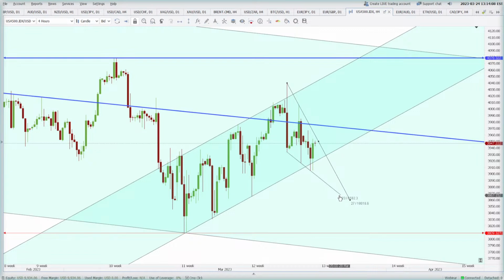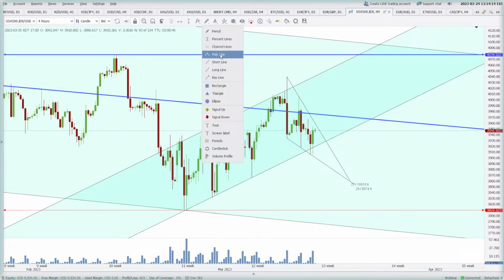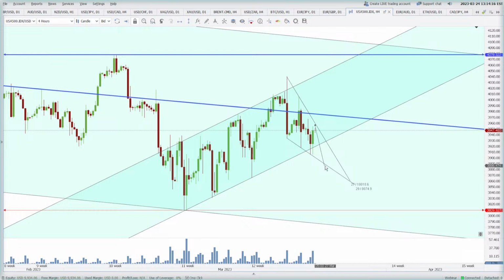A falling wedge is a bullish pattern in which the price tends to move like this. So maybe, I'm not sure, but if it breaks to the upside, then this is what is going to happen. And it can also happen that it breaks to the upside and then gets rejected again here. This is also possible.